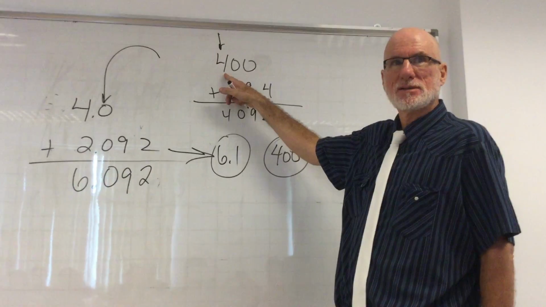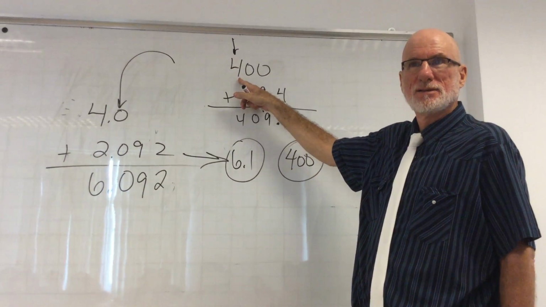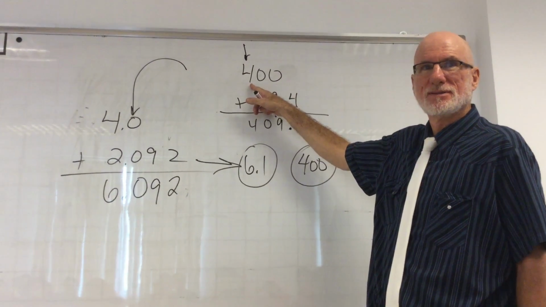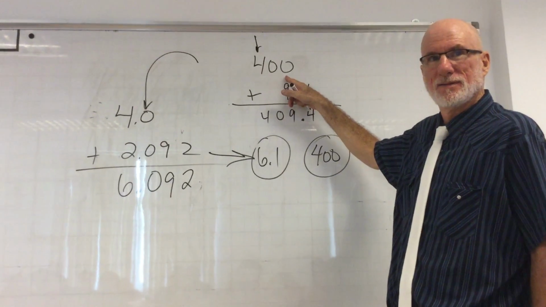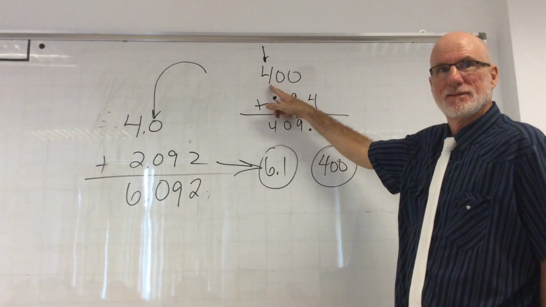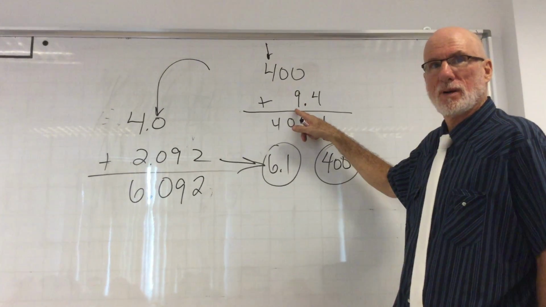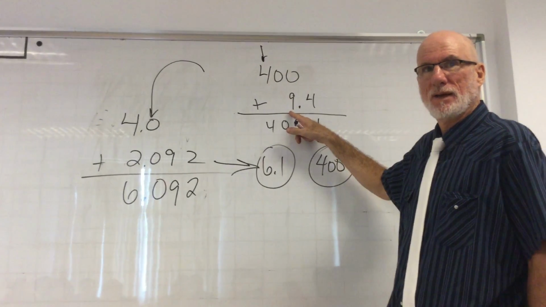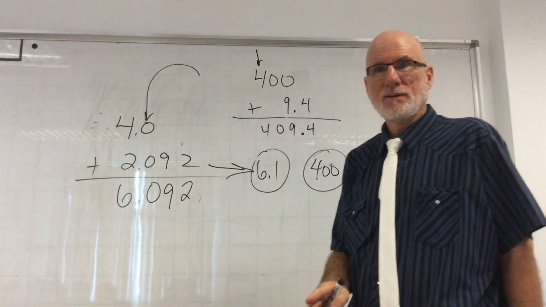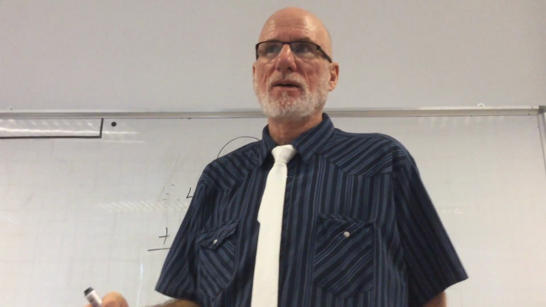This only has the hundreds. There's nothing here. That's the least number. That's 9.4. I'm almost done. Okay? You ready? That's what the book will say for addition and subtraction.